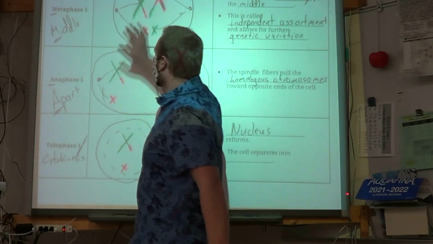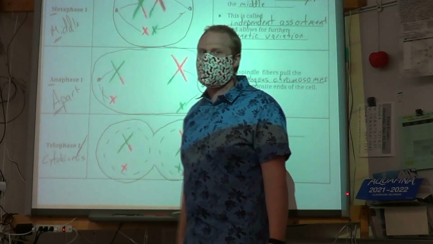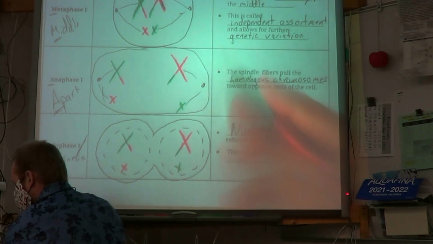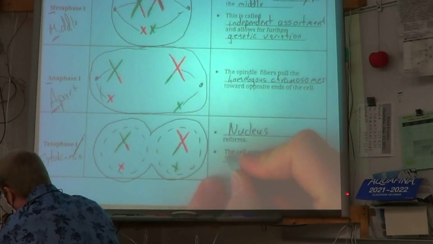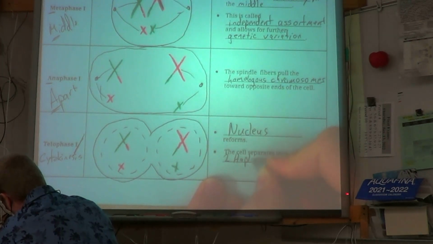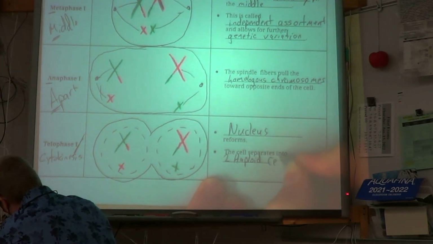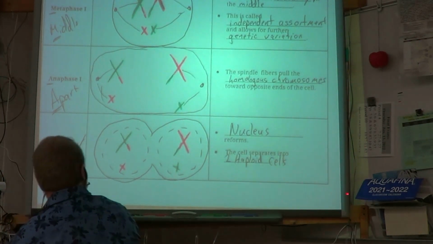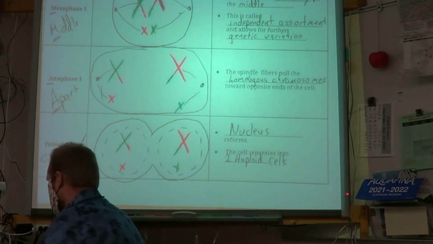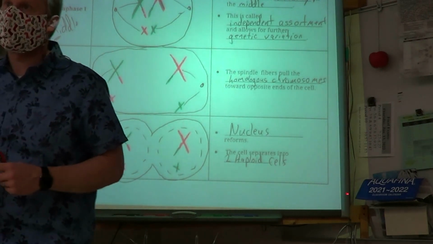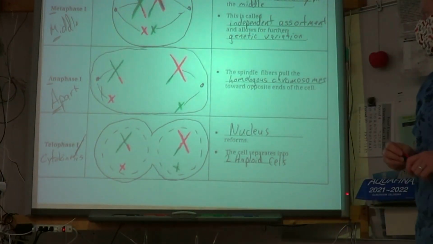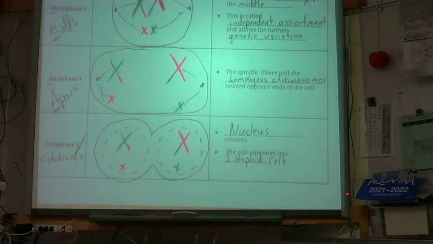So if we started with a diploid cell and that was 4, but now we have half the number, what do we end up with? And how many of them? 2 haploid cells. It separates into 2 haploid cells. We start with the diploid. We end up with 2 haploid cells that have half the genetic information that we started with.